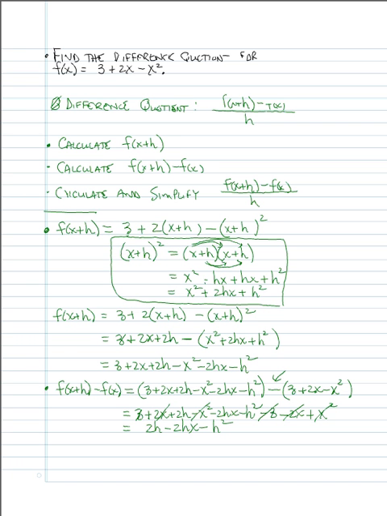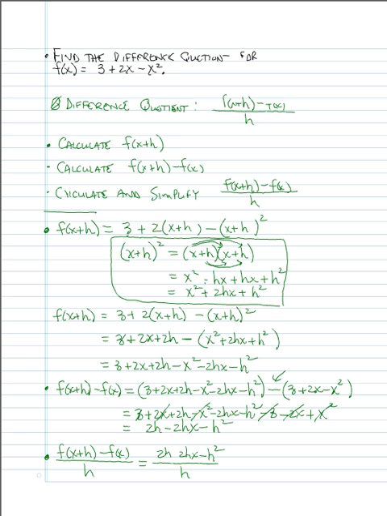So our next step is to calculate the fraction and simplify. Now remember, this is the quotient. The difference quotient is this fraction. In the numerator, simplified to that step above, 2h − 2hx − h². And we're dividing by h.